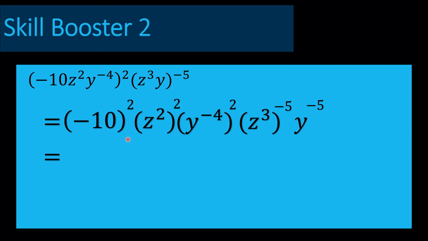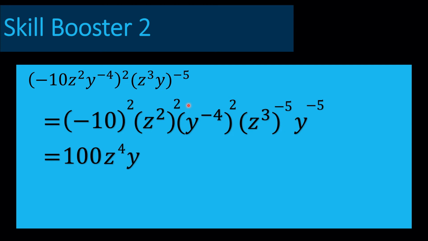Negative 10 squared, that is negative 10 times negative 10, and that is equal to 100. For this one, z squared raised to the power of 2. Again, power of a power, just multiply the exponent. 2 times 2 is 4. So we have z to the power of 4. How about this one?